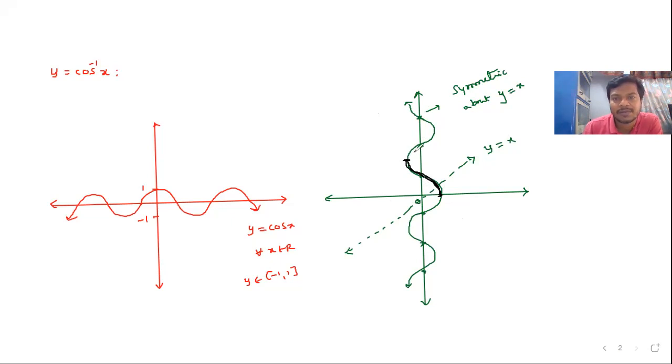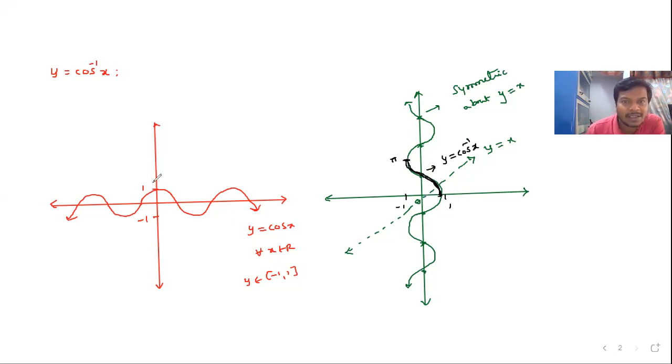If you choose y values from 0 to pi and x values clearly from -1 to 1, then we can say that this graph is the inverse graph of cos x, and clearly it is a function. Why? Because 0 has only a unique image, 1 has a unique image, -1 has only a unique image, right? In this range 0 to pi.